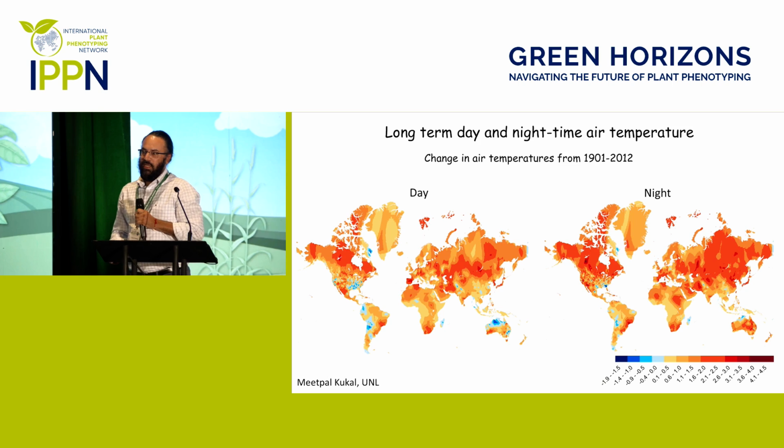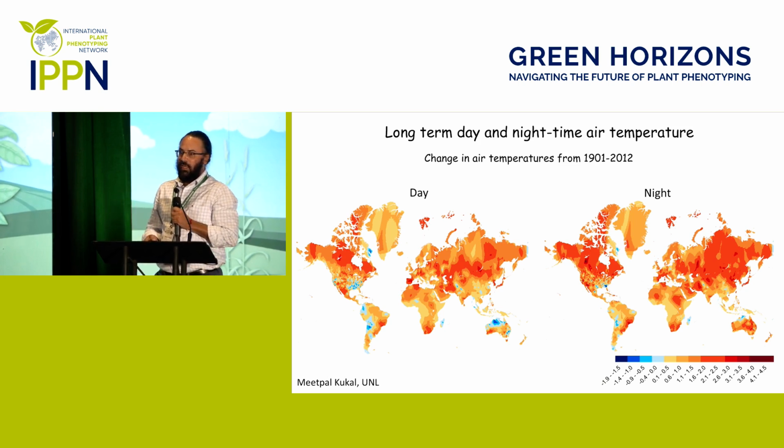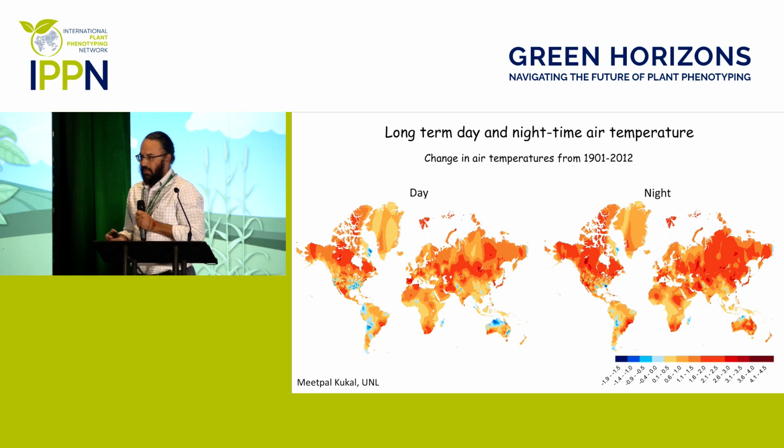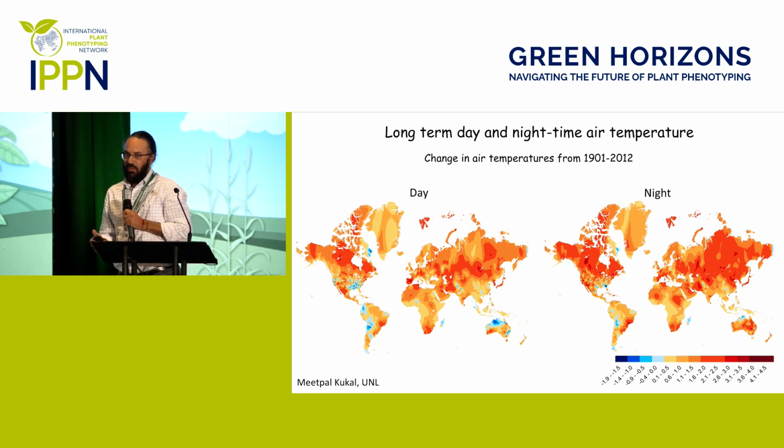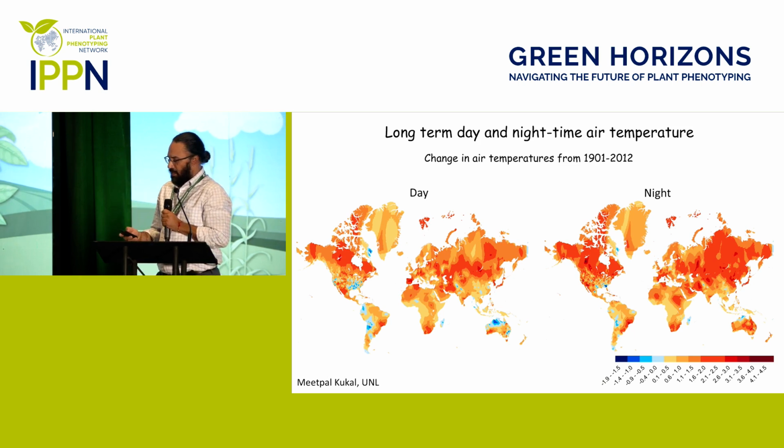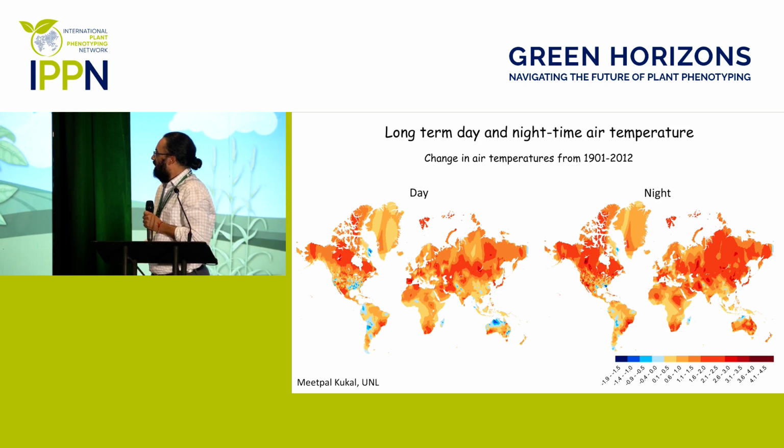In the U.S. itself, in the last 100 years or so, the nighttime temperatures have increased at twice the rate of daytime temperature. So understanding how plants are specifically responding to nighttime temperature is quite important.